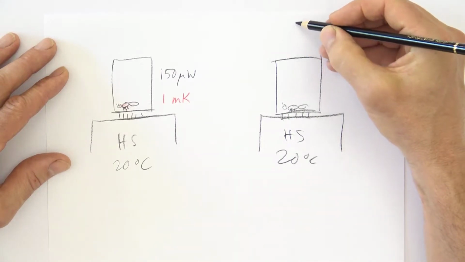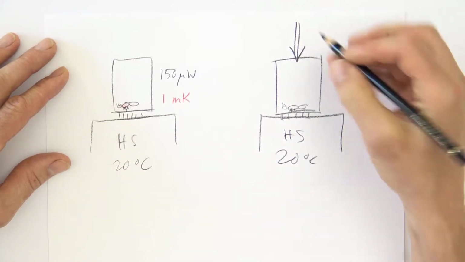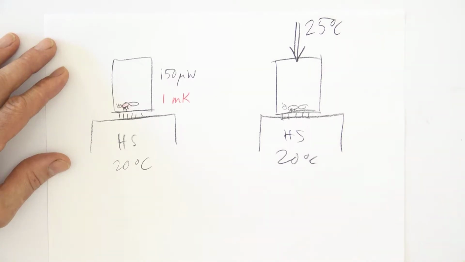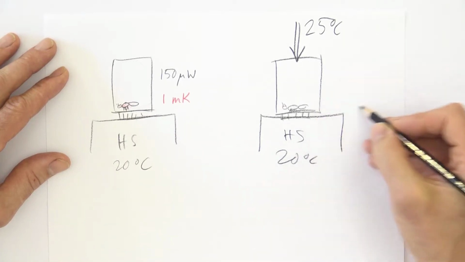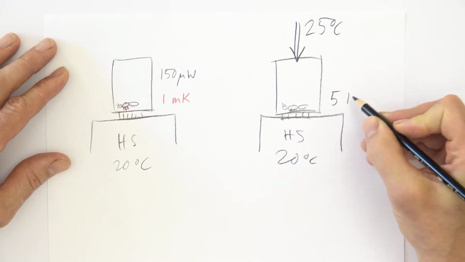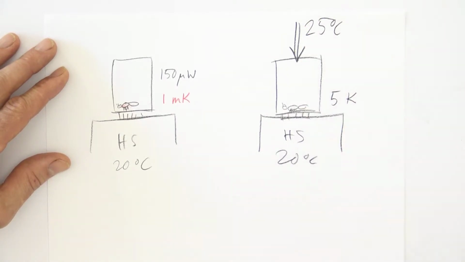Now we have just charged the vial, and the vial came from a room which was, let's say, 5 degrees warmer than the calorimeter. So this means that we have an over temperature here of 5 K, and that's just when we have charged the vial.